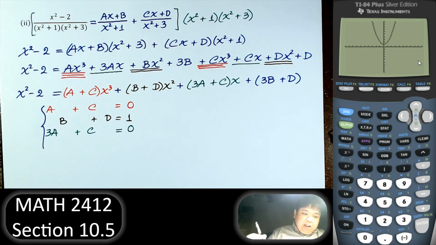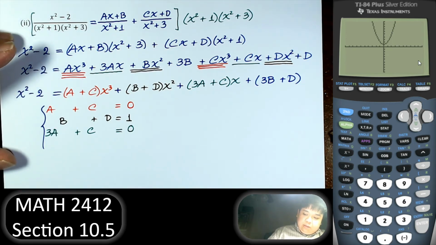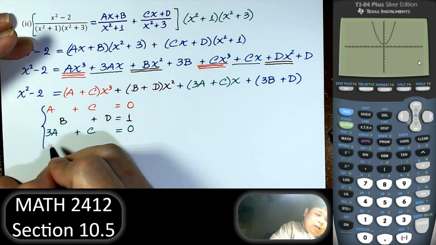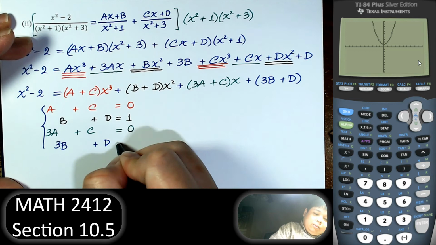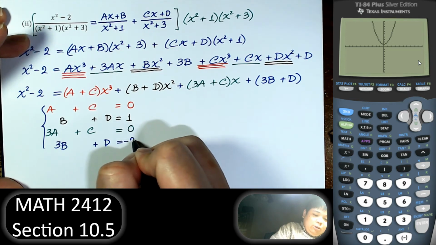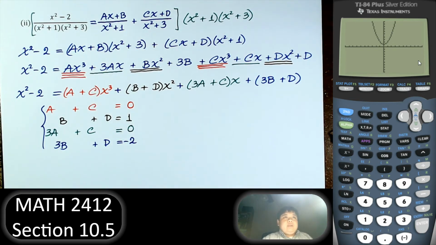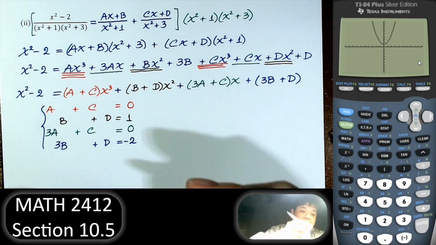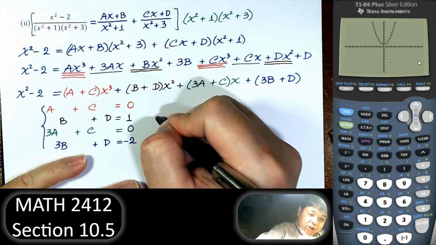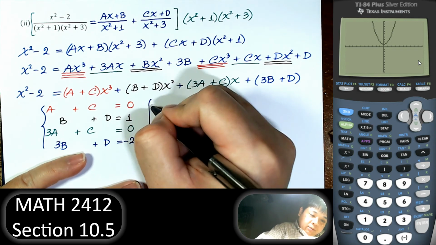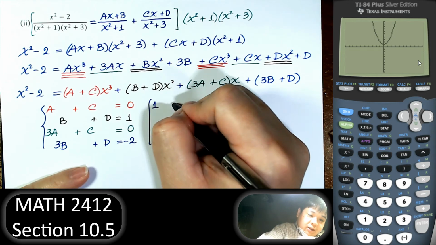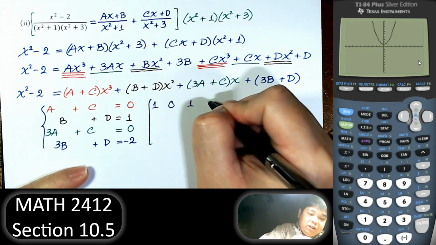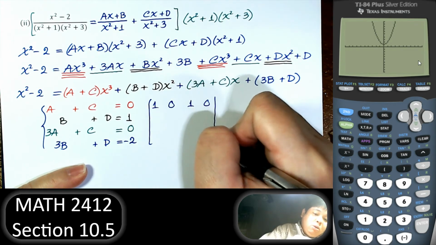And then finally 3b plus d is equal to negative 2. Right, I'm just going to put everything in the calculator and do the reduced row echelon form. Even though there's a way to do that without the calculator, because this problem is simple enough.